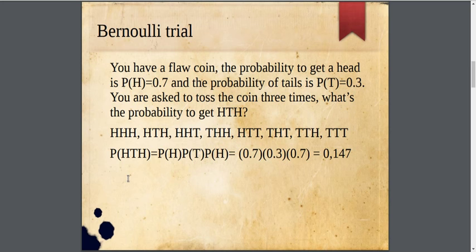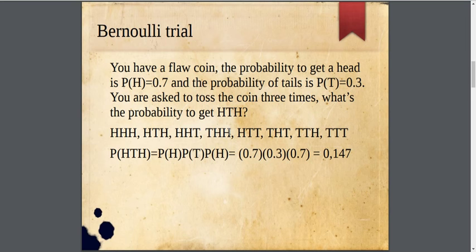The probability to get head, tail, head in 3 attempts is the probability to get a head in the first attempt, a tail in the second attempt, and head again in the third attempt.